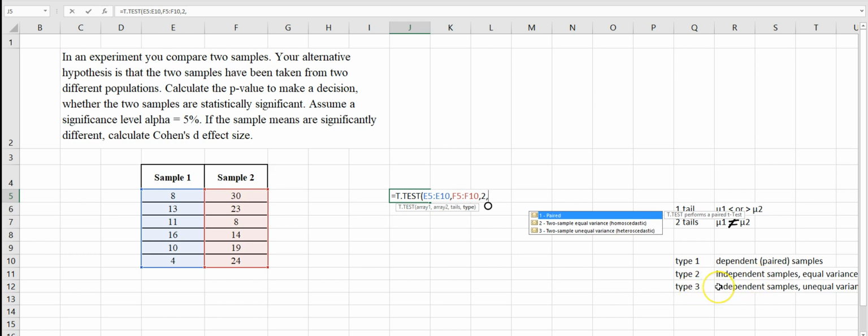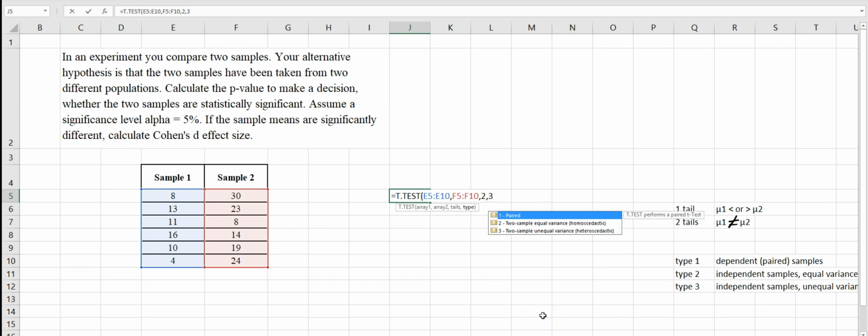Type 3 again is an independent test where our samples are drawn independently from each other, but it has unequal variance. And it turned out that for most purposes, it is this type 3 that gives the best and most accurate results. So I would always advise to go for type 3 unless you have a very good reason to go for type 2, if we are dealing with independent samples.